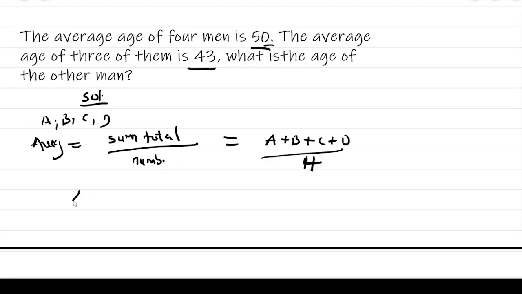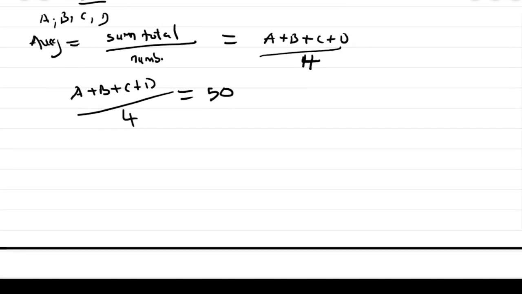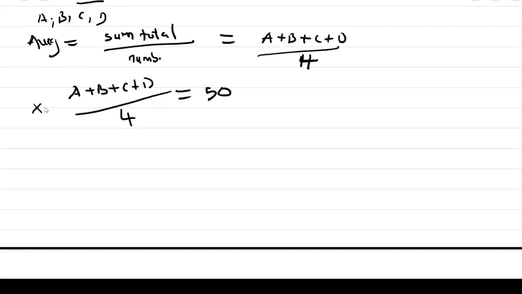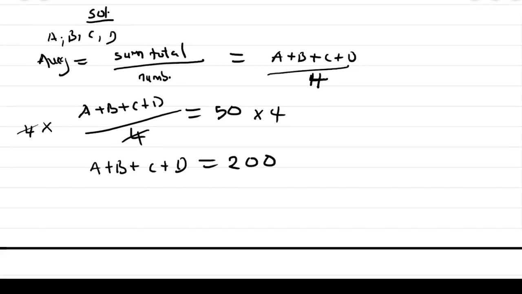So A plus B plus C plus D, all divided by 4, equals 50. Multiply here by 4 and here by 4, so the 4 cancels out. The sum of the ages is 50 times 4, which is 200. The sum of the ages is 200.